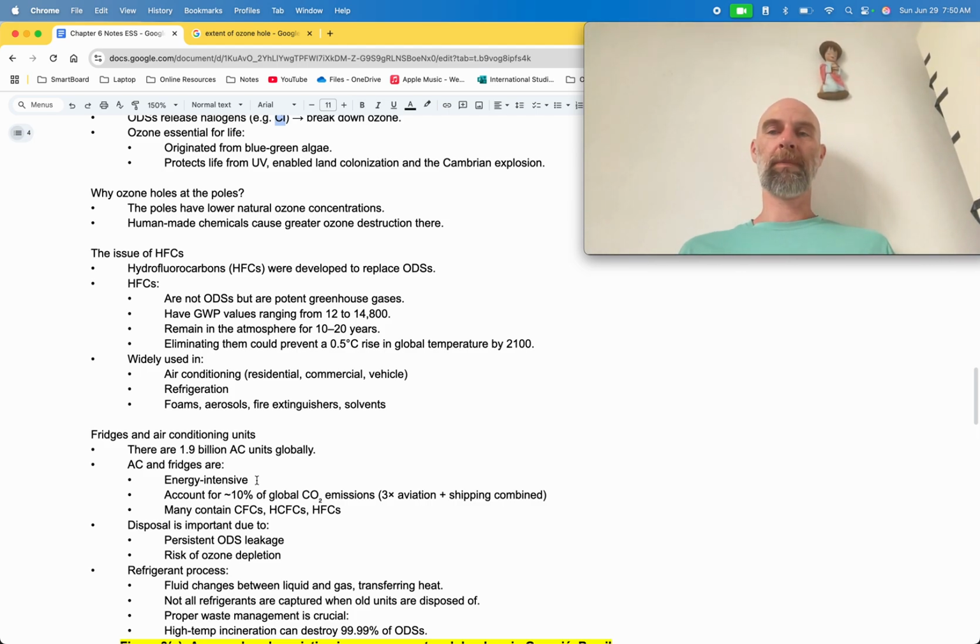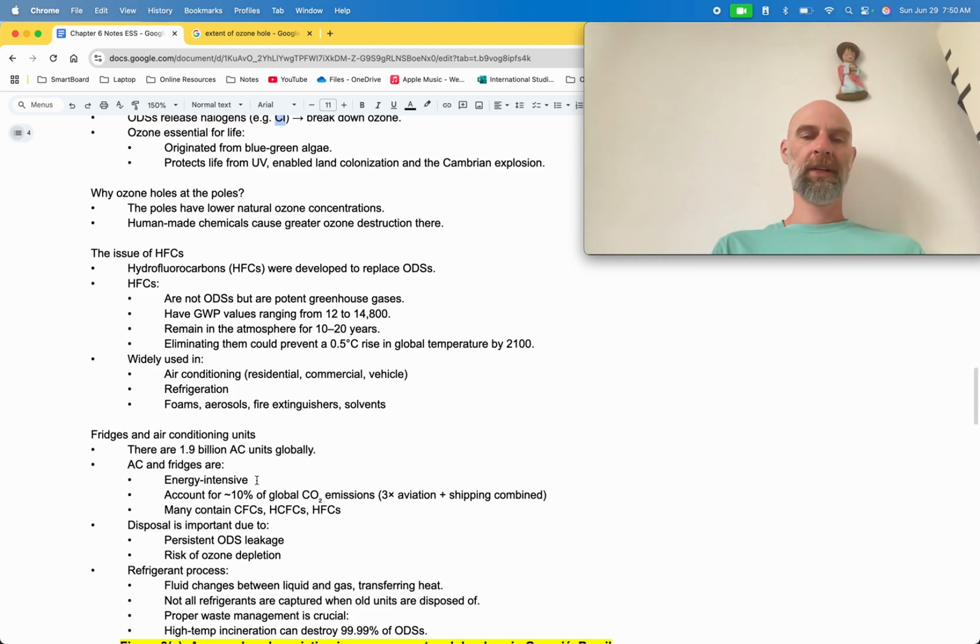From what I've heard, some of the biggest energy hogs are water pumps, and air conditioning is pretty much out of the question. The reason for that is it's constantly running, and it uses tons of energy. It accounts for about 10% of global CO2 emissions, 3 times that of aviation plus shipping combined. And I will say that is AC and fridges.